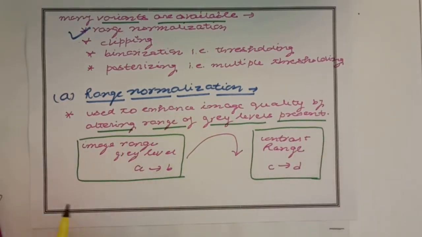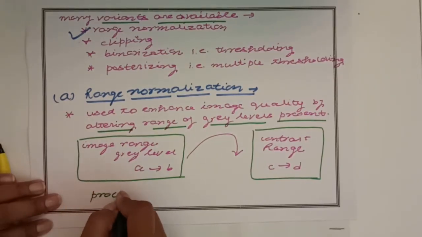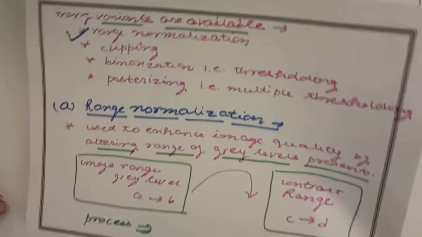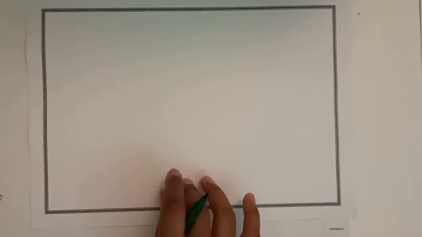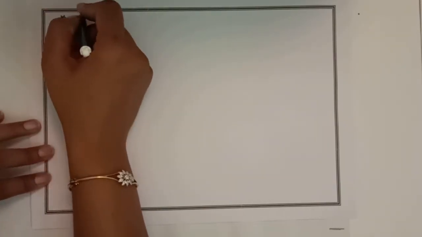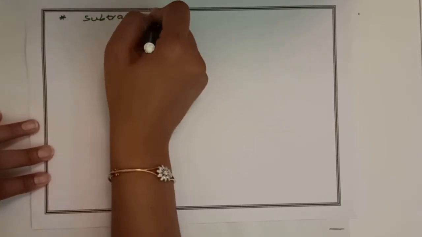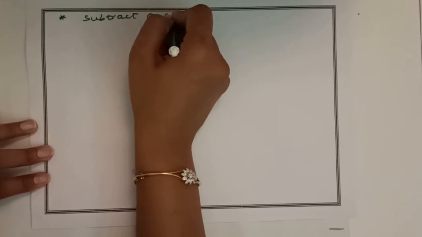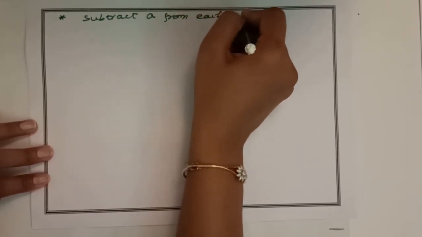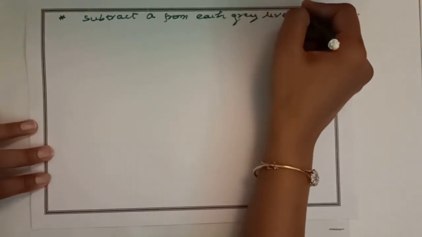But how can this overall process be done? Let us study this process. What is this algorithm? The steps are: first, subtract A from each gray level.